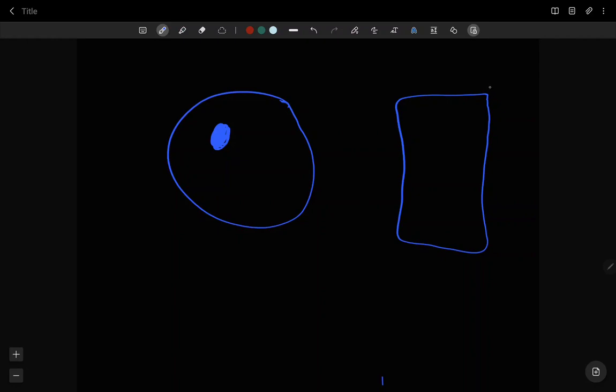This is like the medium where chemical reactions take place, and it is the matrix that holds the organelles within the cell. And this is a plant cell.